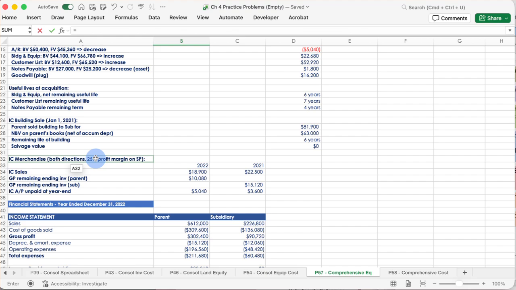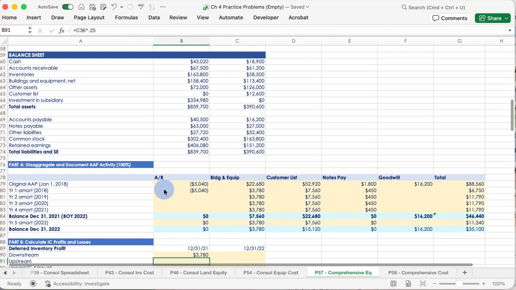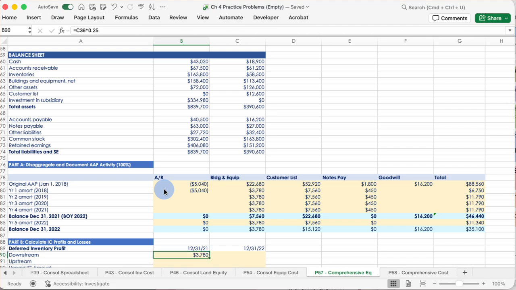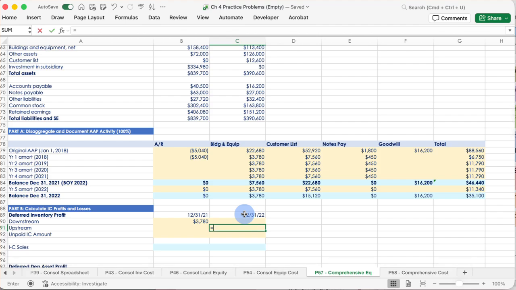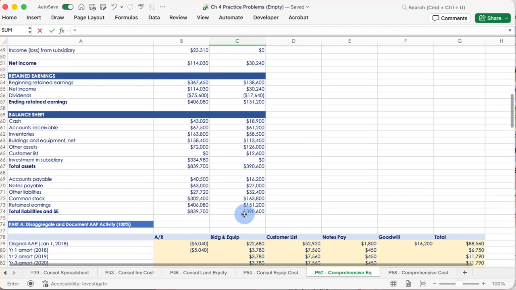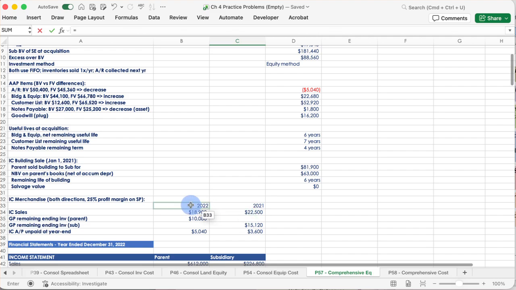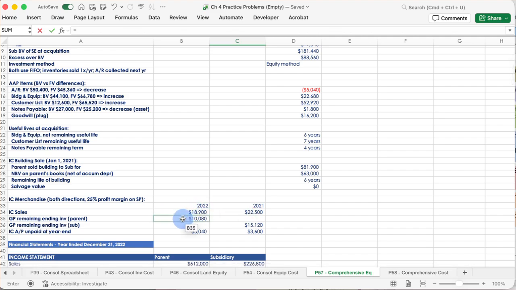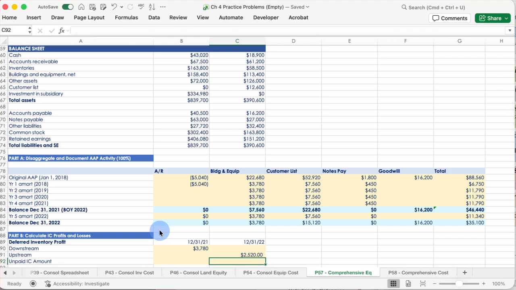So we can grab this remaining amount in the ending inventory of the sub and multiply it by 0.25, and we get 3,780 there. Then on the upstream portion, we'll come up and grab the year 2022. We need to grab this gross profit remaining in the ending inventory for the parent and multiply it by 0.25, and we get 2,520.